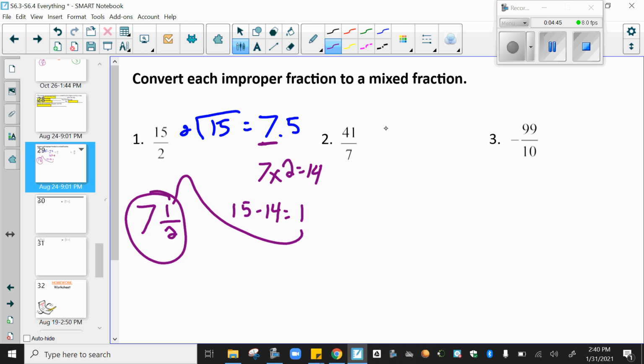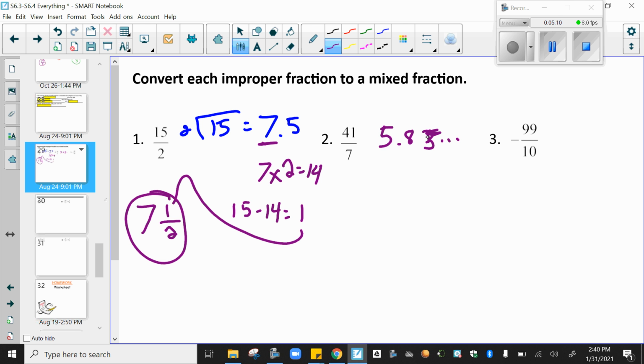Let's try that again. 41 divided by 7, sorry, I said that backwards. 41 divided by 7, we're going to get 5.85, dot, dot, dot. All right? We don't want to worry about that. We want to go back and do the bottom number 7 times the whole number, the 5.